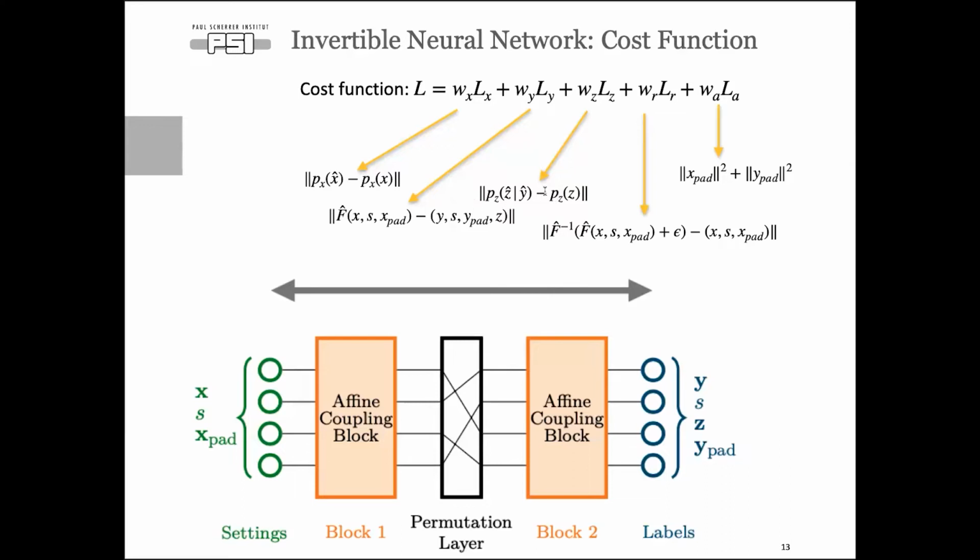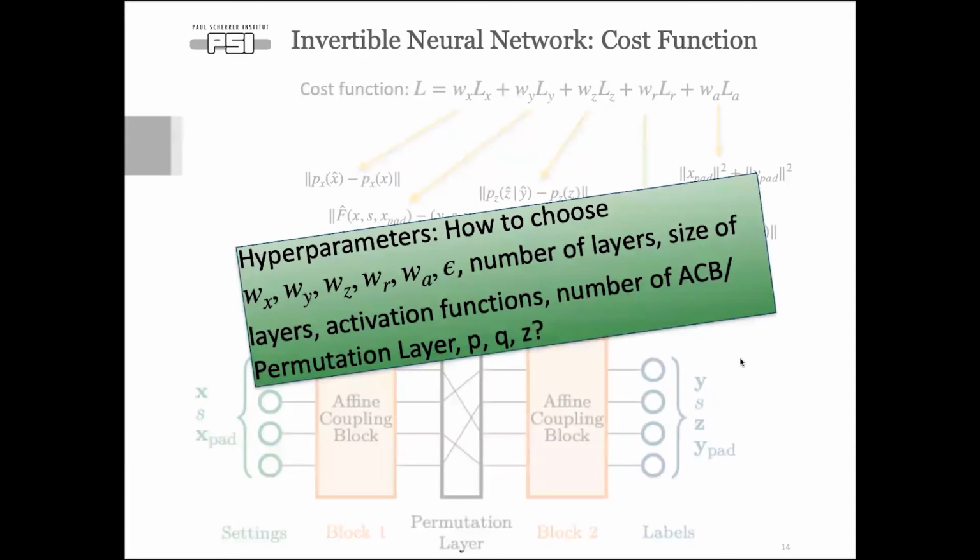Lz makes sure that the latent space is a Gaussian distribution, or the distribution you give before. And the Lr, the reconstruction loss, guarantees that the inverse model is good. And here the last part of the loss function guarantees that there is not much information stored in those padding variables. So now we have the structure of the neural network, we have our cost function.